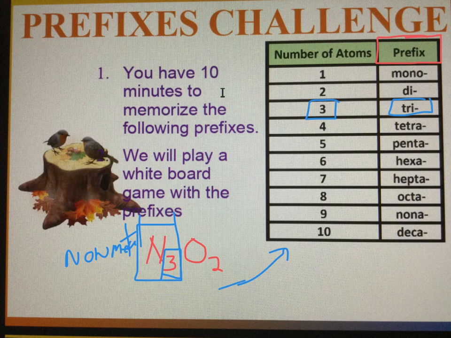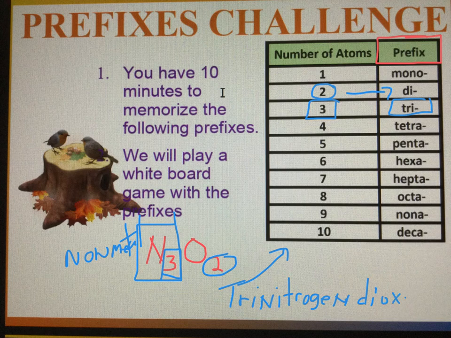So you will have trinitrogen, and what is for 2? Di. So you will have dioxide. You still have the same ending for the binary compounds as you do for ionic compounds. So oxygen will still be oxide, nitrogen will still be nitride if it's the last one. The first element will have the complete element name.